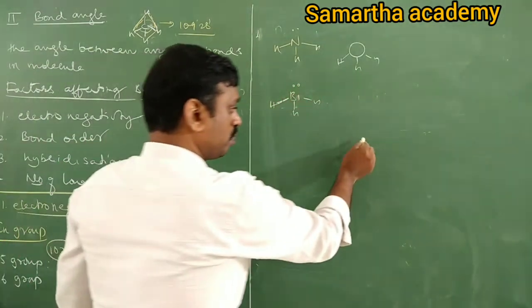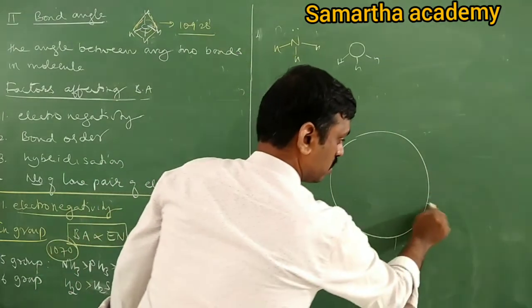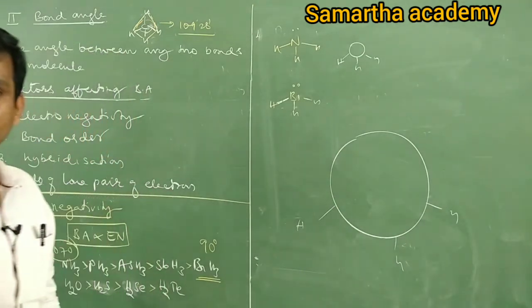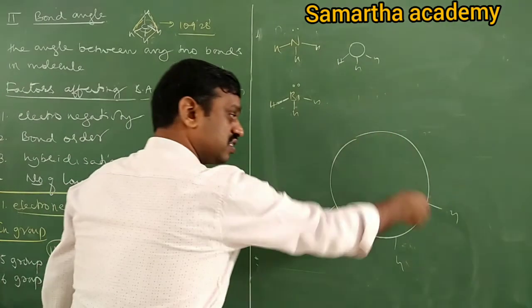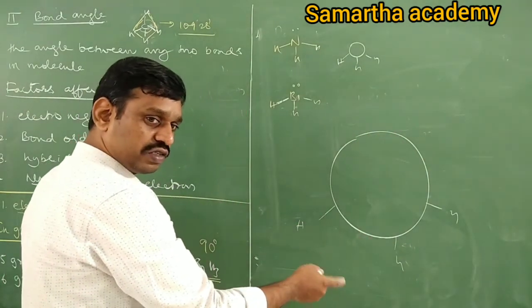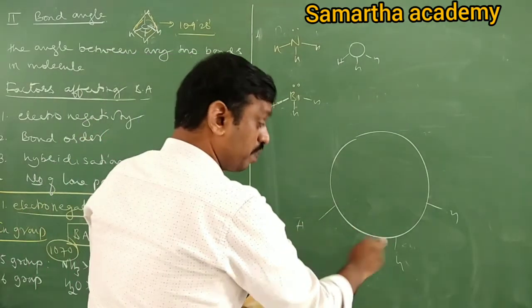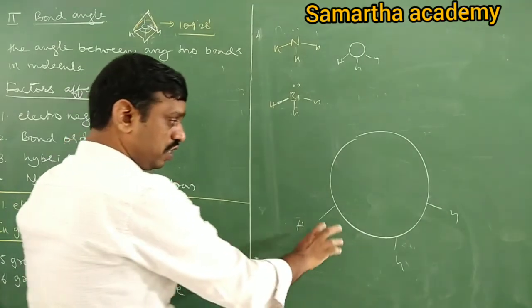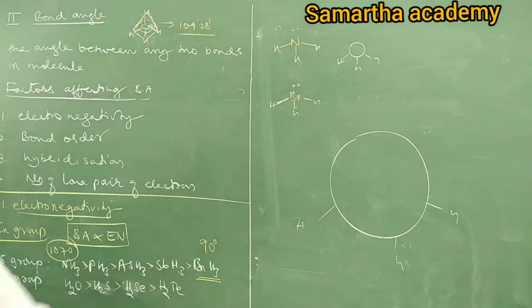If the same number of hydrogens are placed on a big atom, the distance between them increases, so the repulsion decreases. When the repulsion between bonds decreases, the bonds come closer and the bond angle decreases.